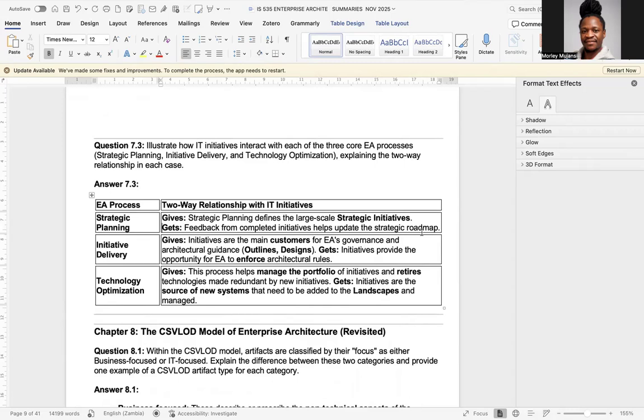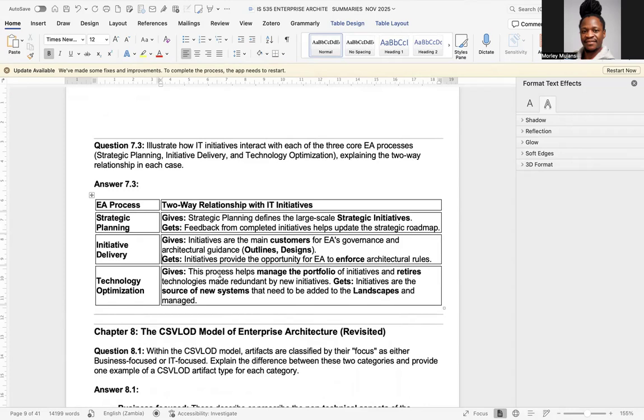And then initiative delivery, we're saying initiatives are the main customers for EA. It's governance and architectural guidance. These are outlines and design, and then the initiative provides opportunity for EA to enforce architectural rules.